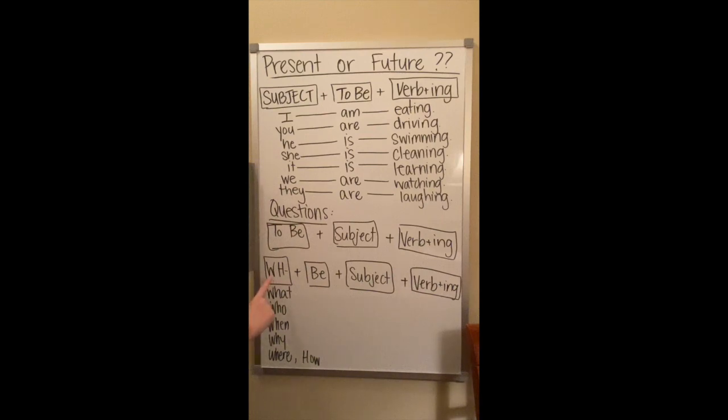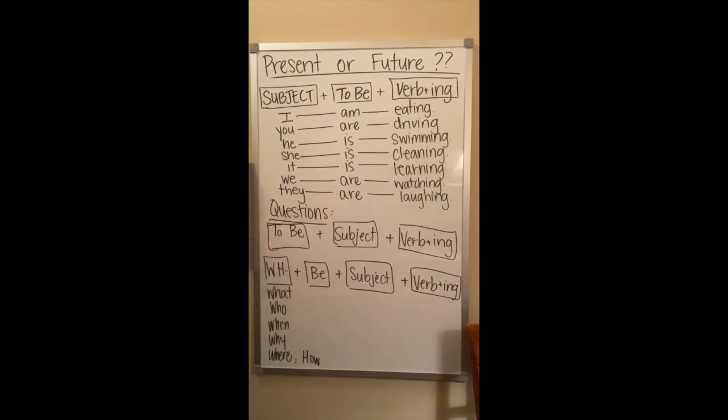So you might say, what is the teacher doing? Who is the teacher talking to? When is the class meeting again? Okay, so these questions are going to start with the WH word.